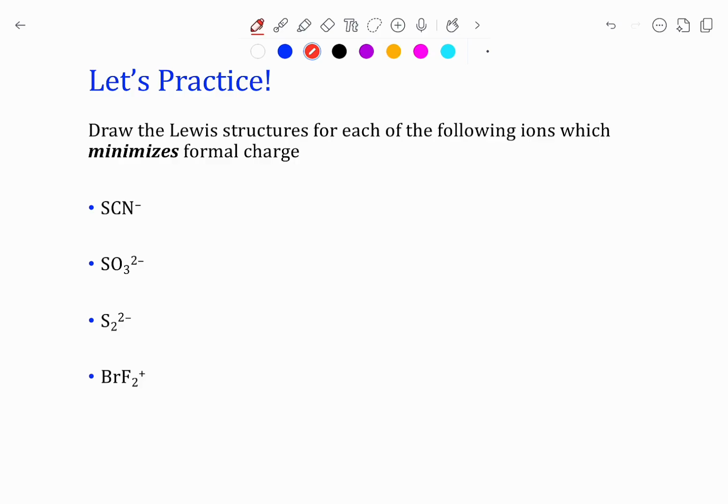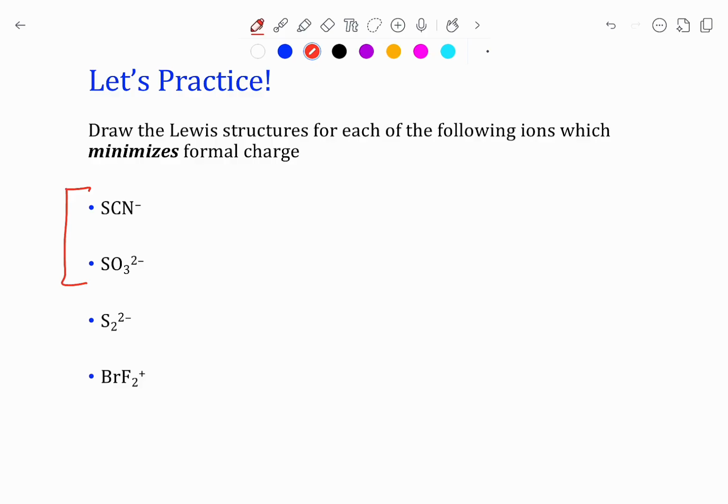For some of these, specifically SCN minus and SO3 2 minus, I want you to play around with the structure. Based on what you draw first, could you rearrange those electrons in order to draw out a better structure that has a better formal charge to it, following the guidelines that we talked about?